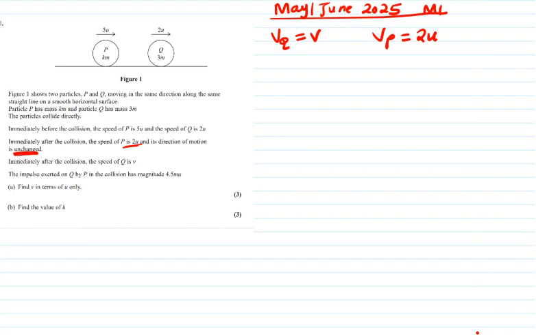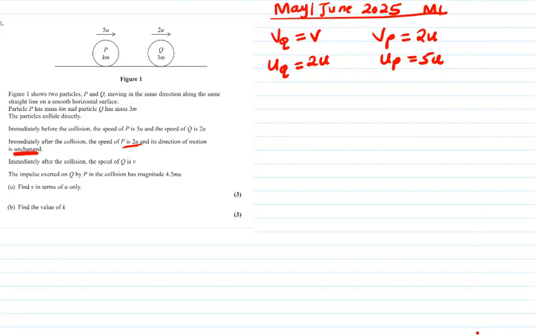We already have uQ, the initial velocity of Q, which is 2u, and uP, which is 5u. Now the impulse exerted on Q by P is 4.5mu.